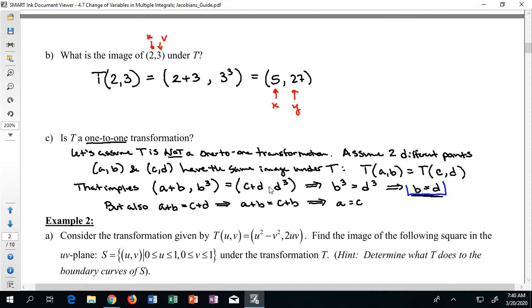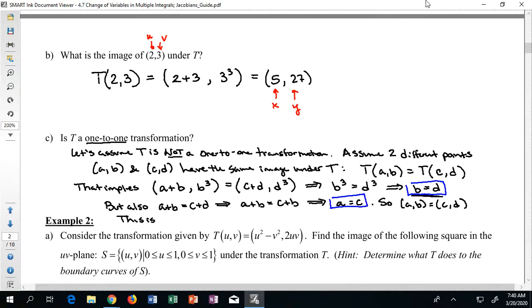So if I look at the statements that I've come across here, I've said that if you give me two points with the same outputs, then automatically we've found these points are actually the same. (a, b) is equal to (c, d). But this is a contradiction because we said that these should have been two different points.